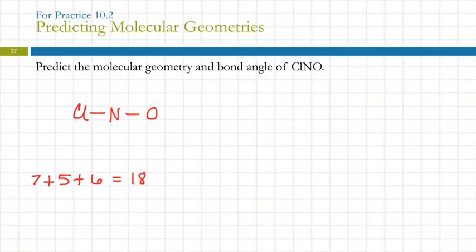So we got 2, 4, 6, 8, 10, 12, 14, 16, 18. Here's our 18 electrons. Everybody happy? No. Nitrogen is not content with 6. Nitrogen wants an octet. So what do?